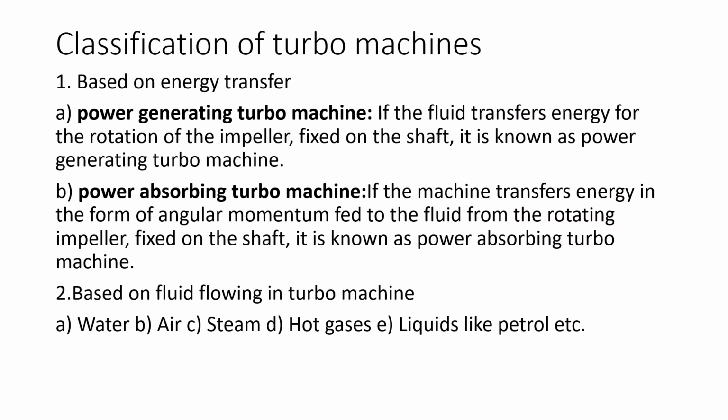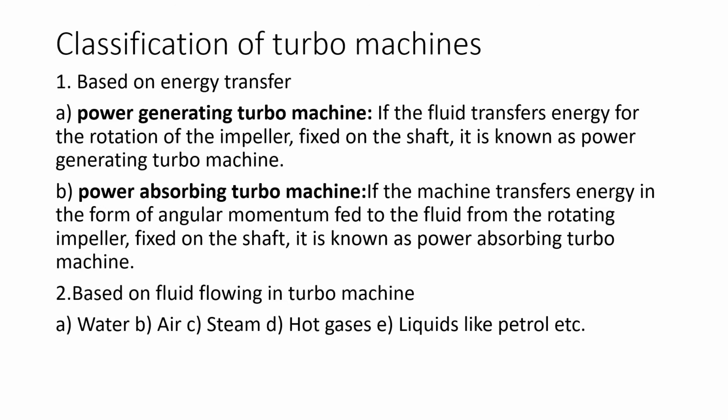The next topic is classification of turbo machines. We have various ways of classifying turbo machines. The first one is based on the energy transfer. Based on energy transfer, we can have power generating turbo machines and power absorbing turbo machines. What is a power generating turbo machine?